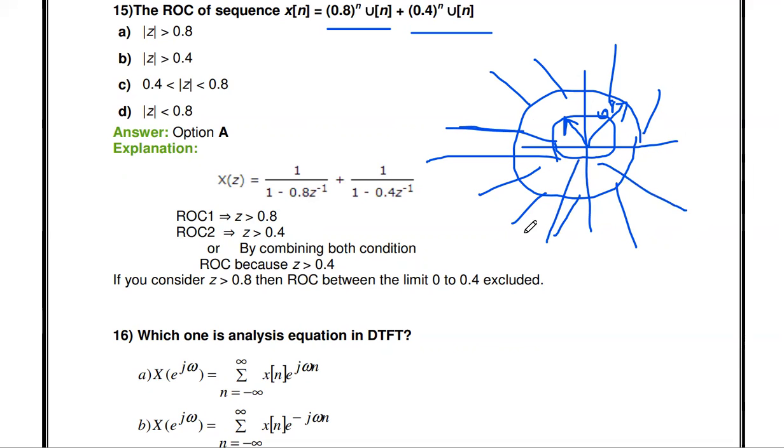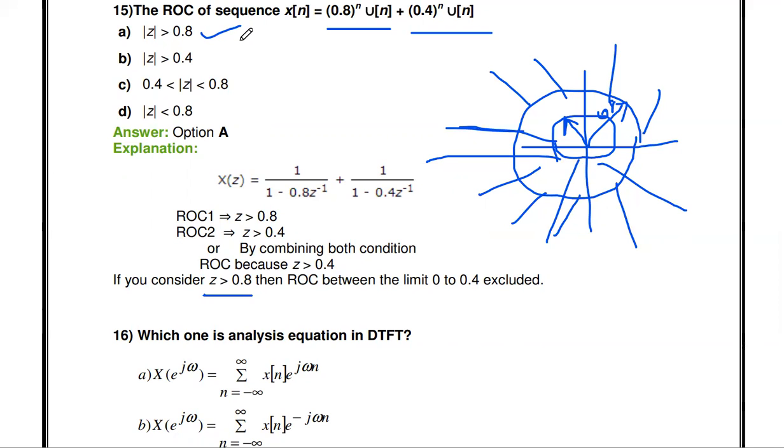So what is the overall ROC? The overall ROC is the intersection of the two ROCs. In which region are the two ROCs overlapped? Above 0.8 only they overlap. That's why the ROC is Z greater than 0.8. So option A is the correct answer.